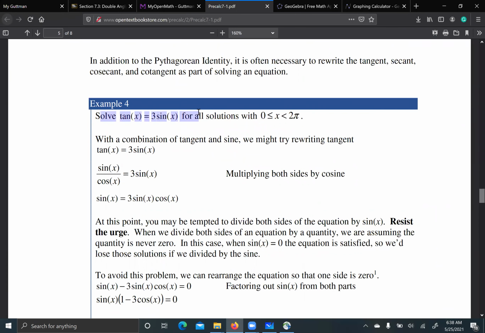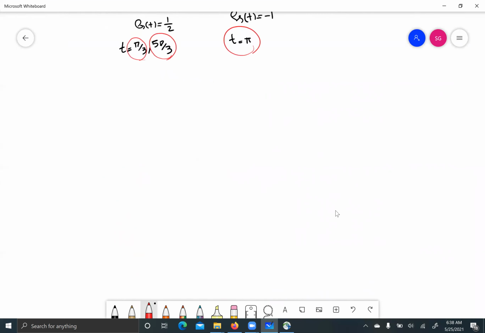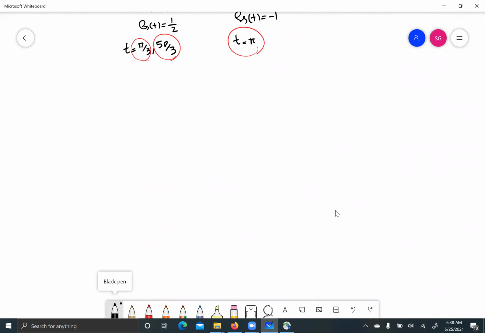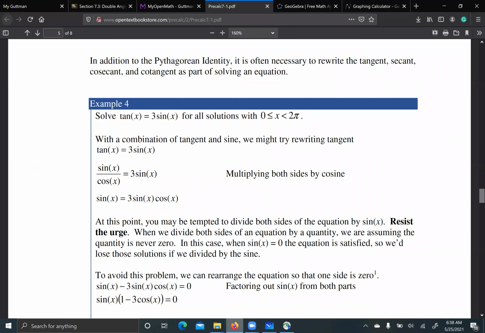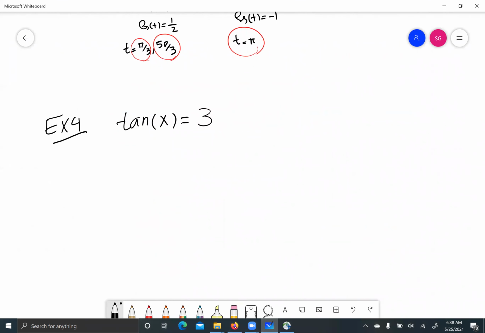Okay, I'm going to show you example 4. In example 4, we have tangent of x equals 3 sine of x.